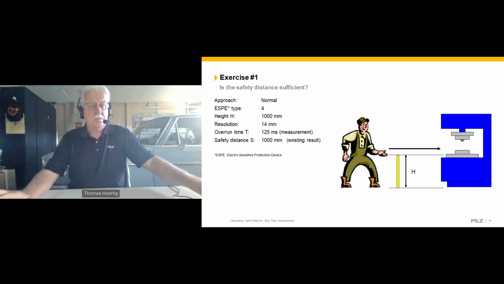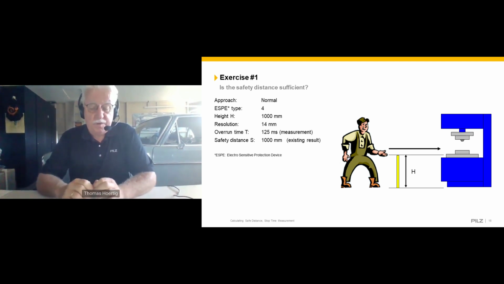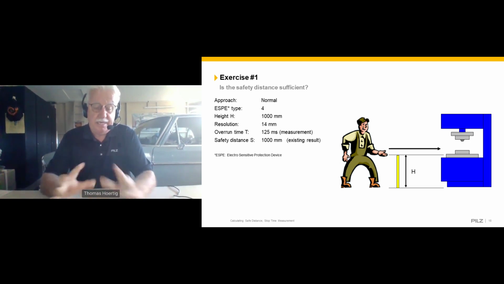Now we're getting into an example. Here it says exercise 1. Is this safe distance sufficient? So here's some given data. We have a normal approach, a person walking towards a piece of equipment. We have the ESPE type 4.